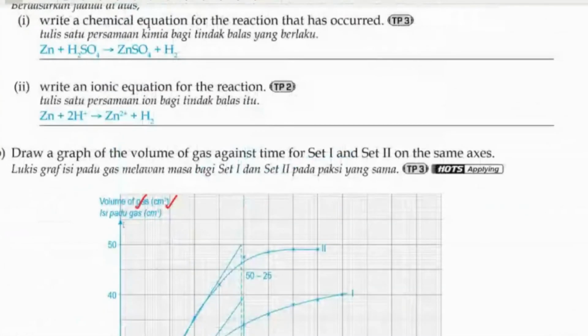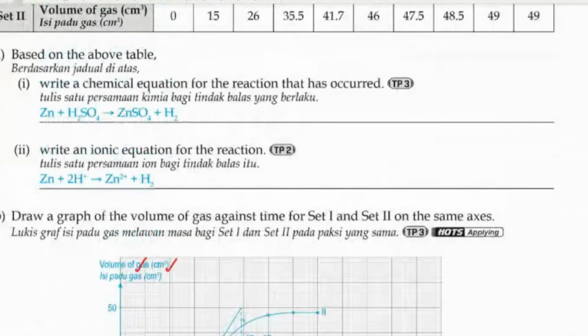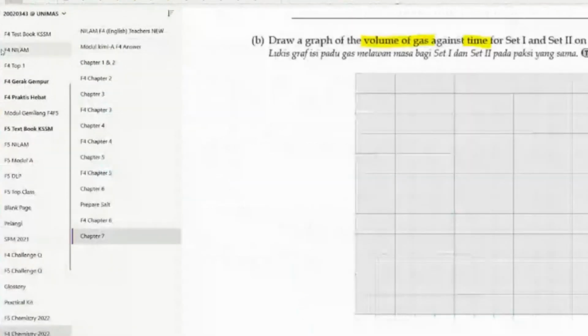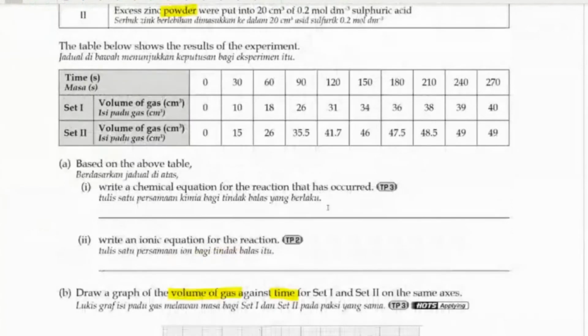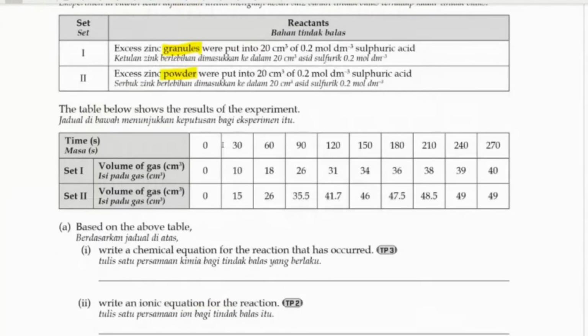Now we go to part A, the chemical equation. Write the chemical equation for the reaction that has occurred. Zinc powder is put into the sulfuric acid. This is a metal with acid, so you produce salt and hydrogen gas.